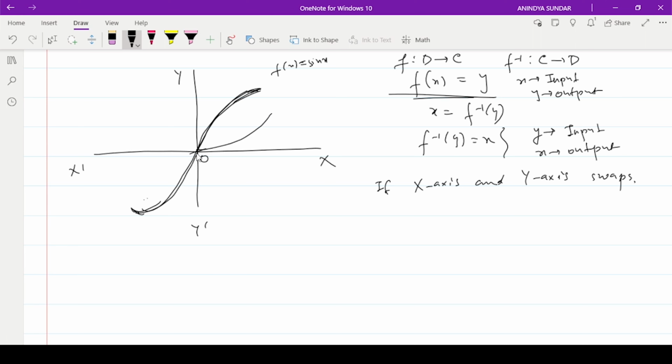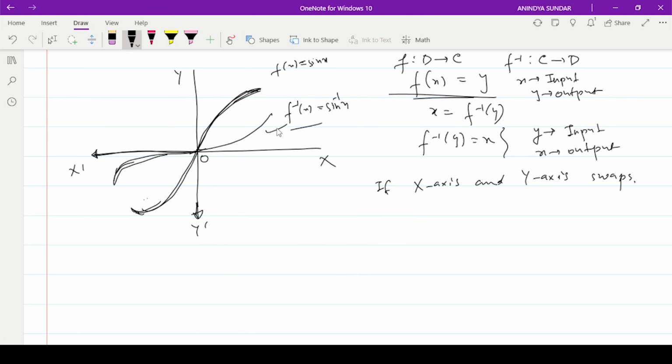This is decreasing negatively. So this is my y dash. After swapping, this will be my new y dash. So this will go towards and decrease like this. Okay, so this is my f inverse x function, also denoted by sine inverse x.